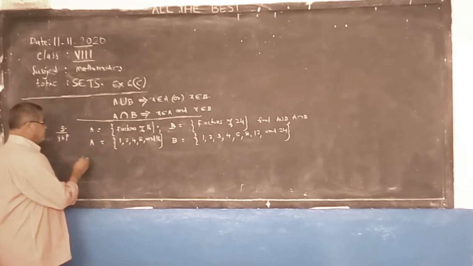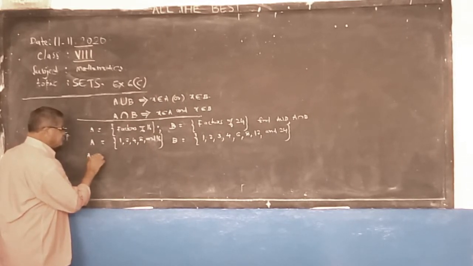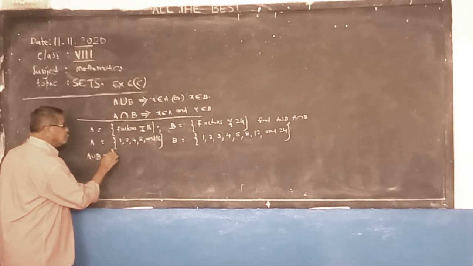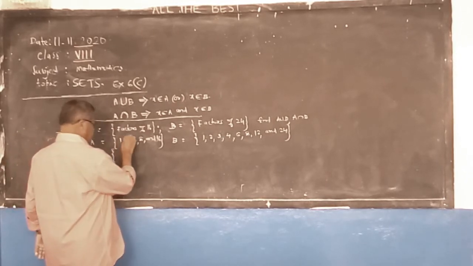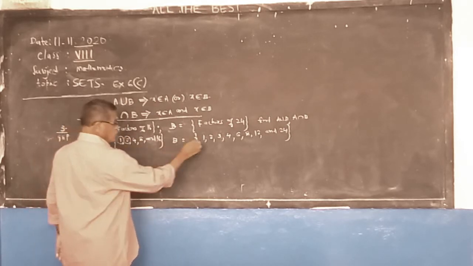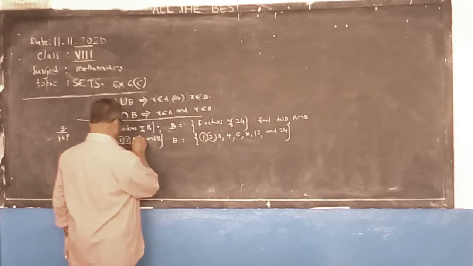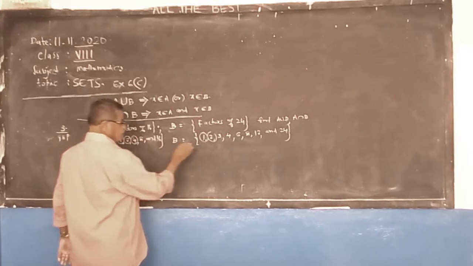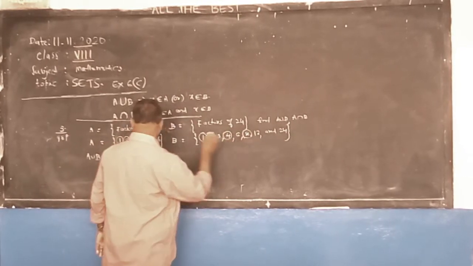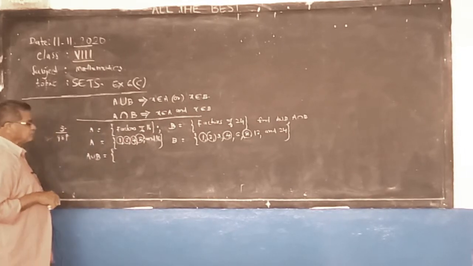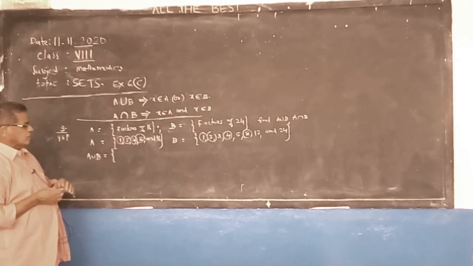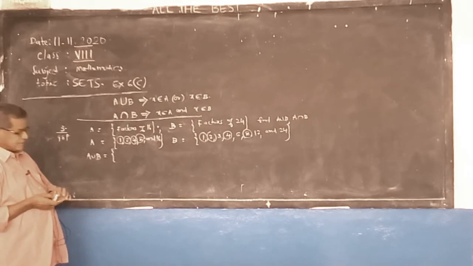Now A union B: combine all the elements. The common elements, 1, 2, 4, 8, you write in the intersection.